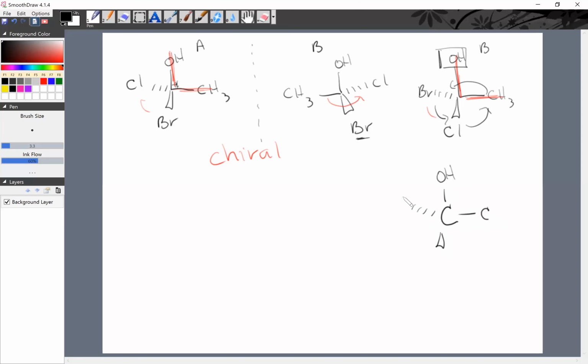So the Cl goes there, the CH3 goes there, and the bromine goes there. All right, this time, these two are the same. But this and this one are always backwards. So in this case, there's no way to rotate it to make it the same, but those are the different rotations. And one more, I can do a vertical.